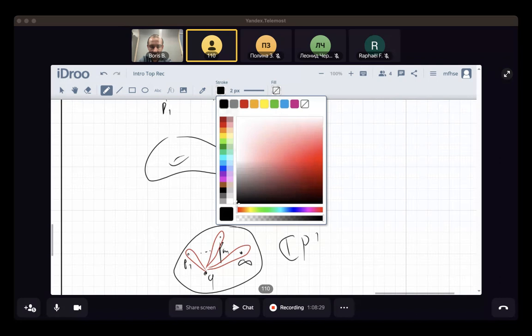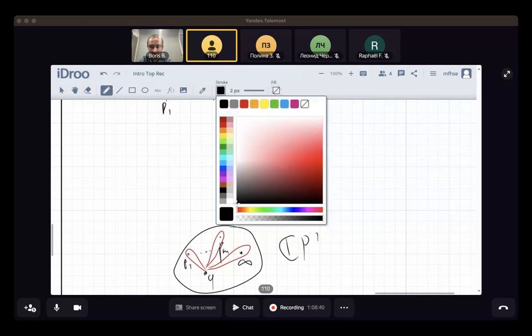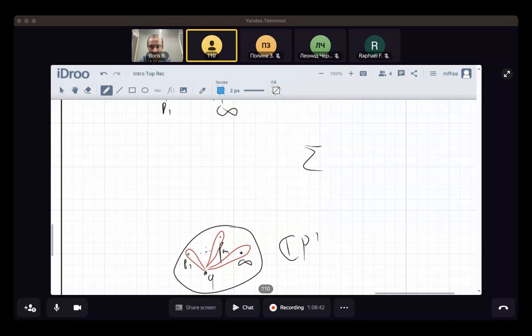In a small neighborhood of Q, let me erase this picture and draw it only locally. What happens here over Q? Over Q, it's unramified, right? So we have d sheets, okay?